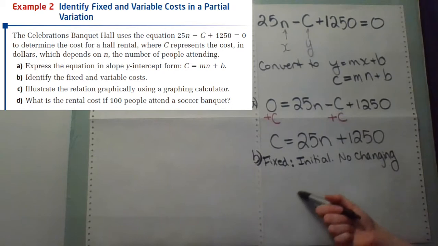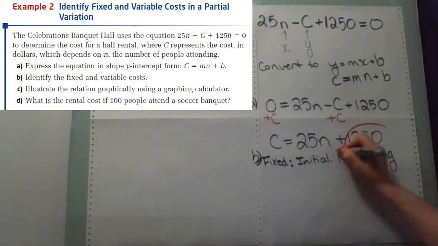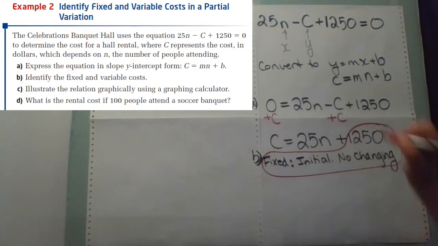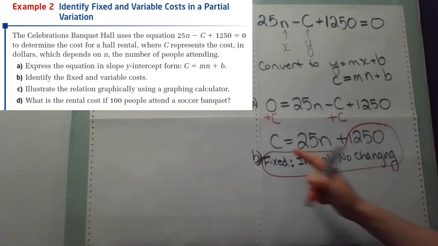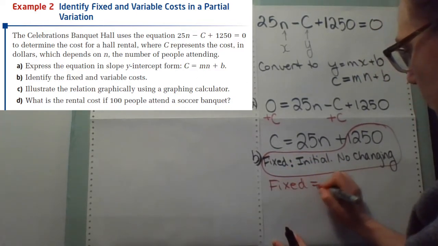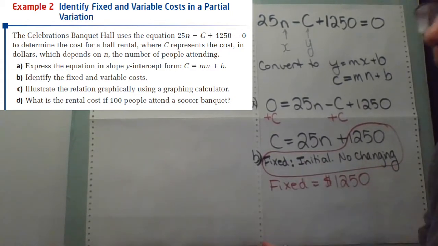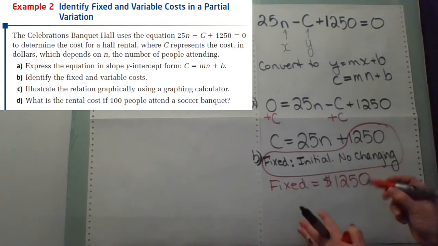So in this scenario, the number that doesn't change is going to be my initial value, which is our B value. Okay, so our fixed cost is my 1,250. So that's like the flat fee to rent the hall or something.